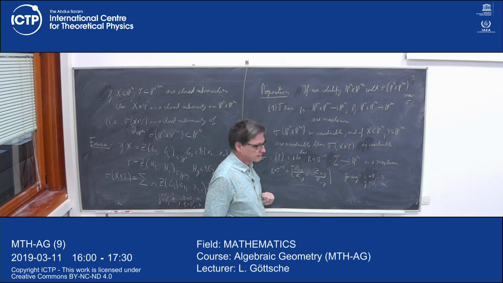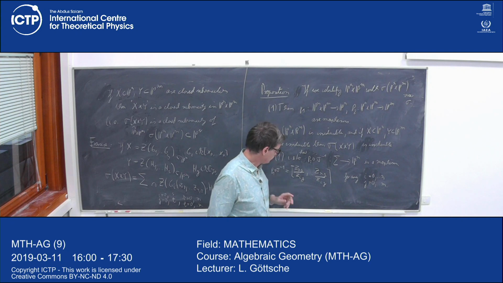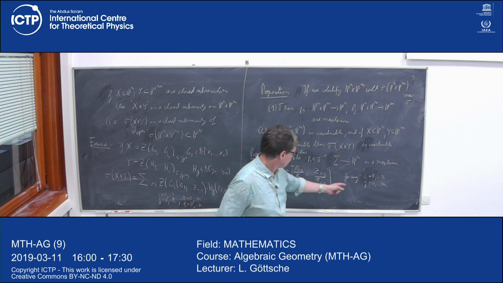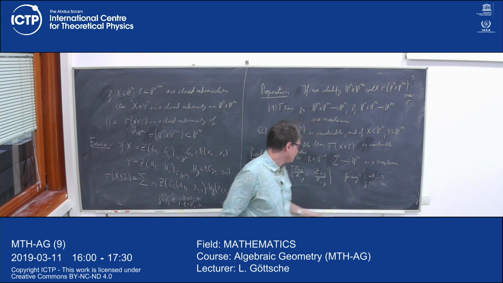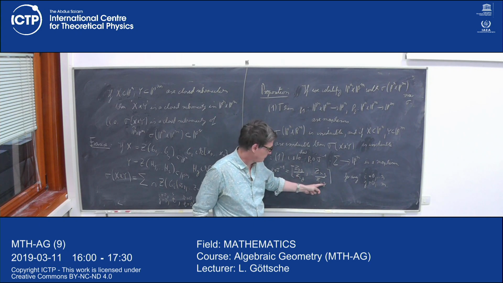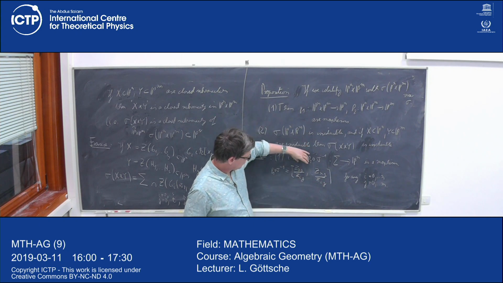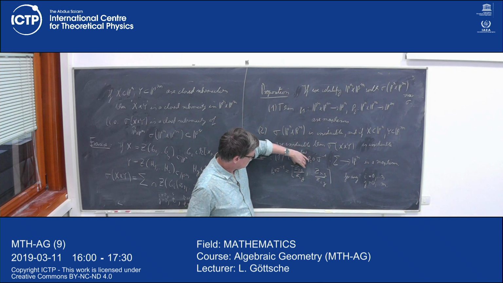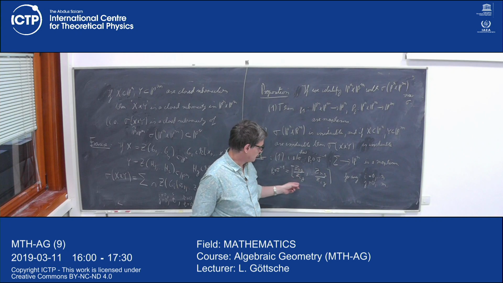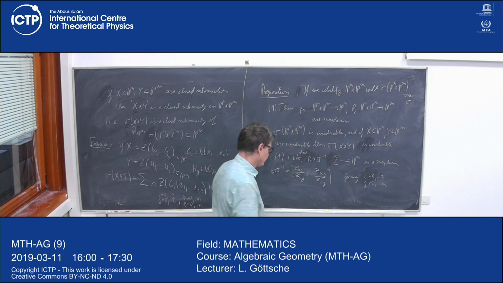So this makes it a rational map, and if you choose the i and j properly, you can make sure that for any point you can find something where the denominator is not 0. You can also make sure that these have no common zeros. So this will be defined everywhere.